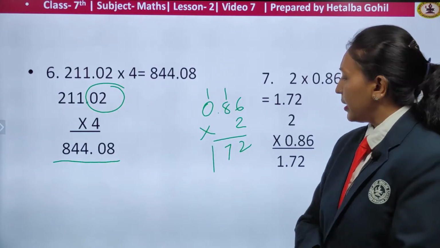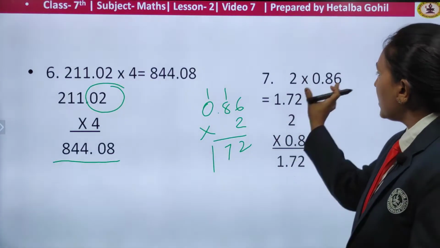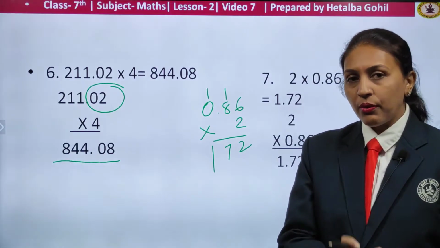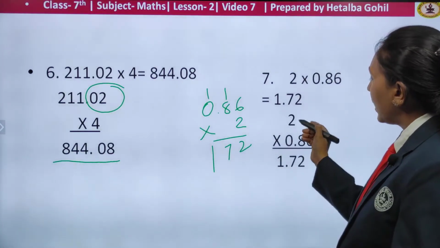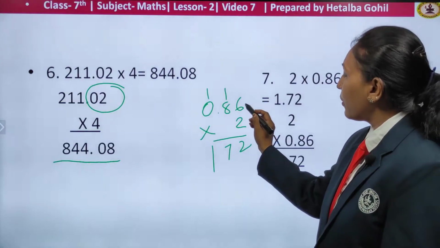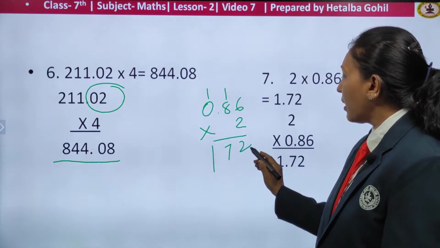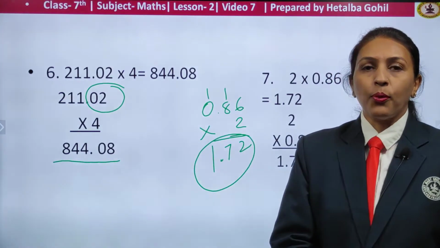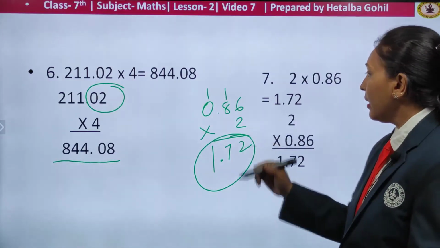So always try to take the bigger number on top so that you don't make any mistake and avoid confusion. Because I had taken the smaller number on top, you won't be able to understand. So now counting 2 decimal places from the back, 1 and 2, I will get my product as 1.72.